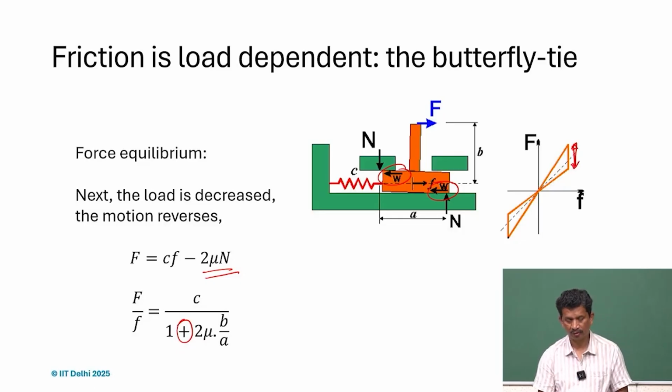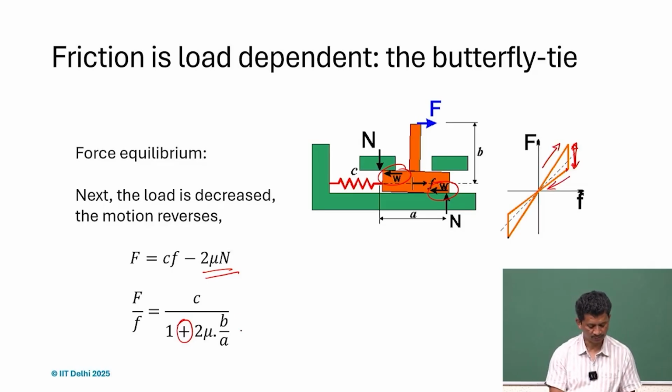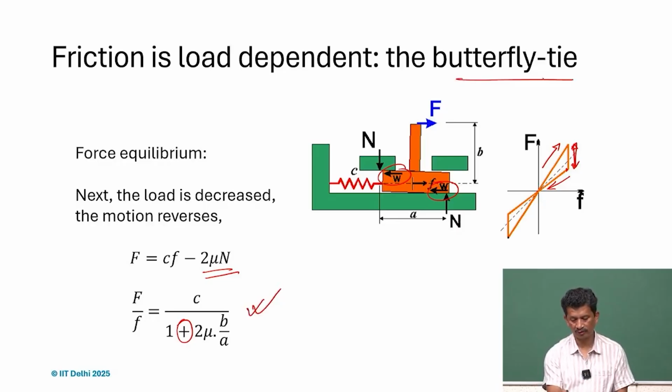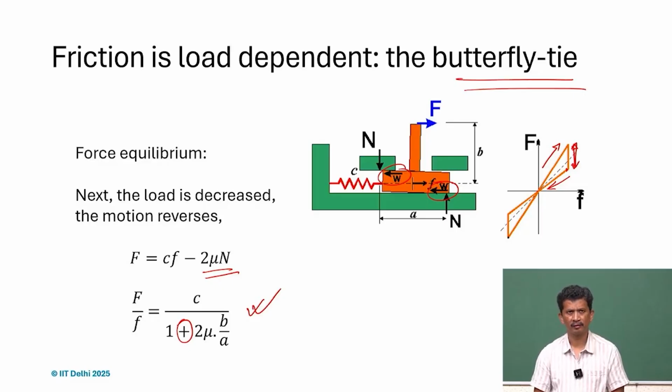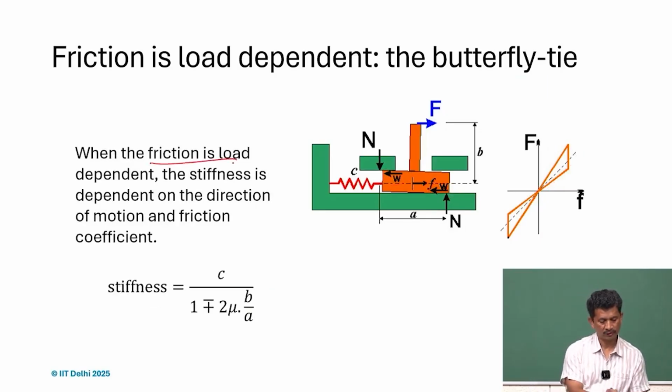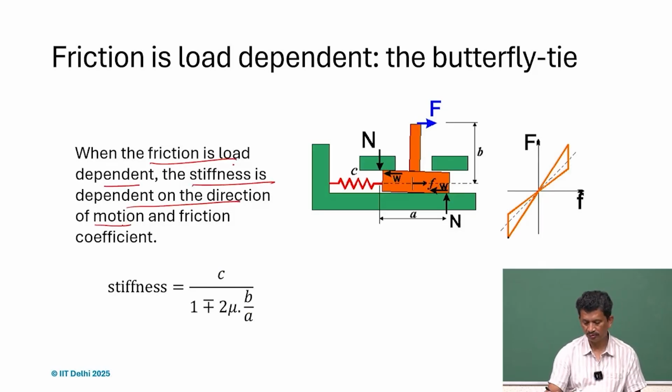So the drop will again be 2W, but now it reverses with a different slope, which is 1 plus C divided by 1 plus 2 mu B by A. That's why it's called a butterfly curve. And here it is a function of F. So the friction is load dependent, and the stiffness is dependent on the direction of motion.